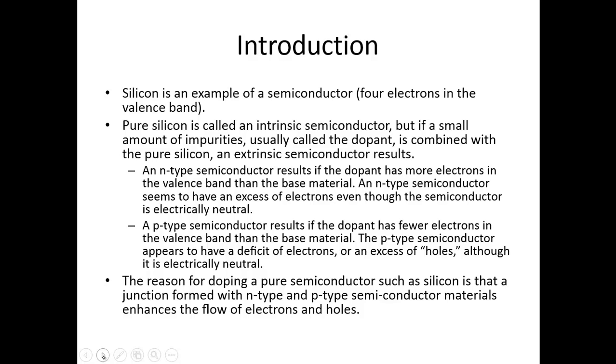A P-type, the other type of semiconductor, results if the dopant has fewer electrons in the valence band than the base material. The P-type semiconductor appears to have a deficit of electrons, or an excess of holes, although it's electrically neutral. So the reason for doping a pure semiconductor such as silicon is that a junction formed with N-type and P-type semiconductors enhances the flow of electrons.